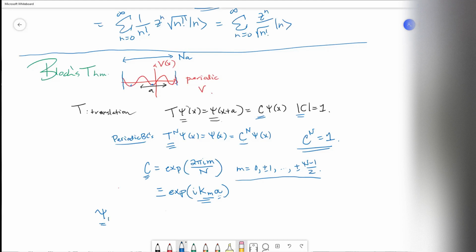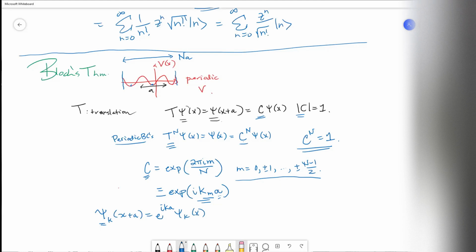And what we know is that if we take one of those that's labeled by one of these k vectors and we translate the wave function, then what we should get is e to the i k a times psi_k of x.